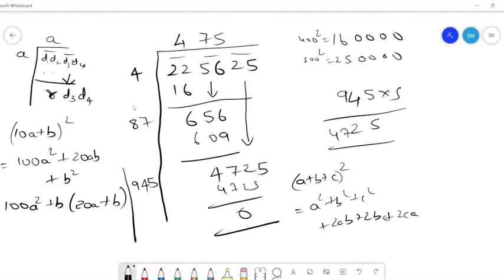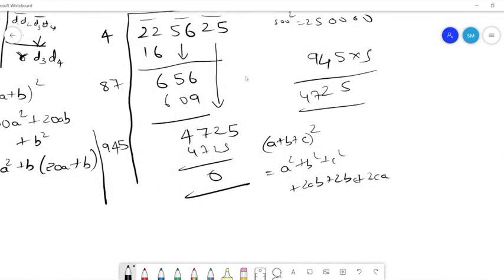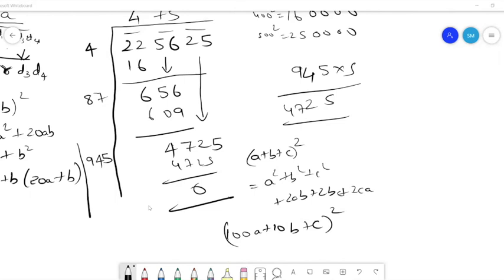So in our case, we would have 100a plus 10b plus c, and then take the square. To me, at least, coming up with these algorithms is like the engineering part of maths. This is how I view it, and I keep saying it again and again.